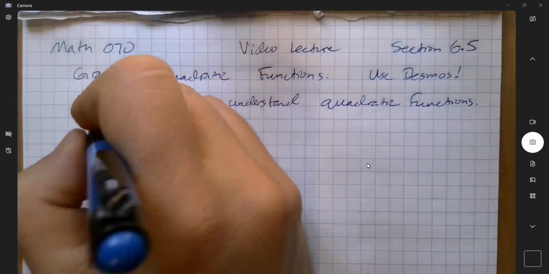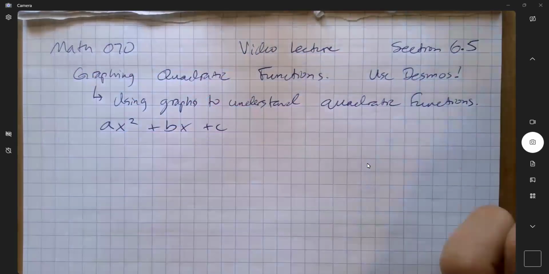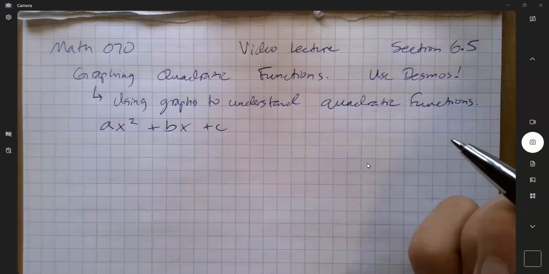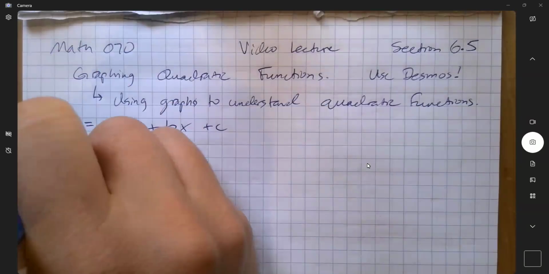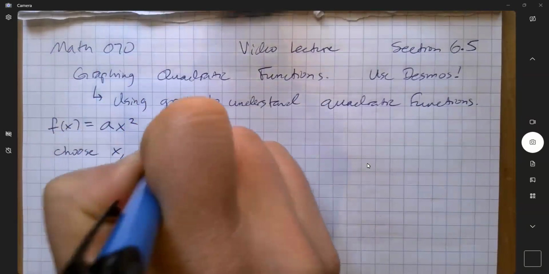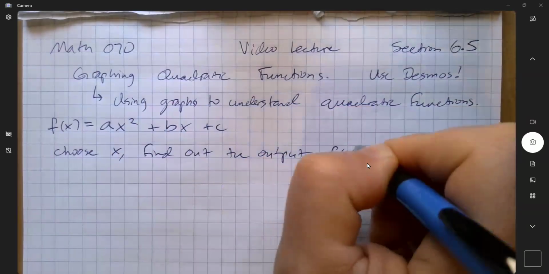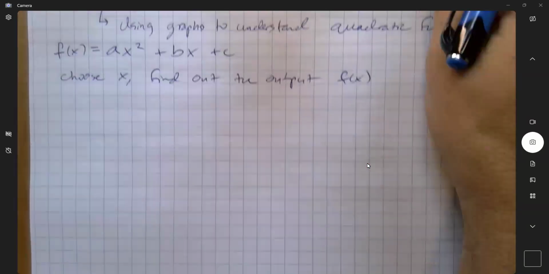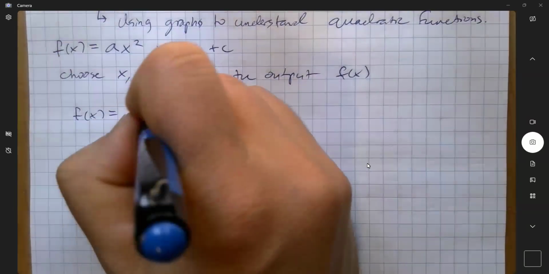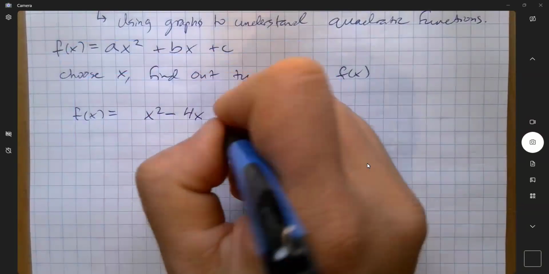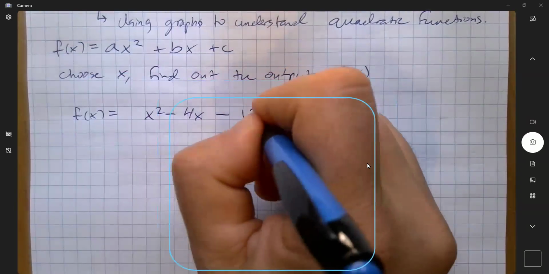So a quadratic function, generally speaking, is ax squared plus bx plus c. And if we think of it as a function, we want to say I can choose my x and then find out the output f of x. Let me give you an example. Let's suppose I have a function f of x, which looks like x squared minus 4x minus 12.